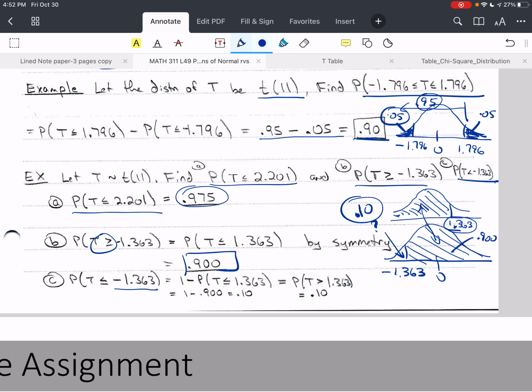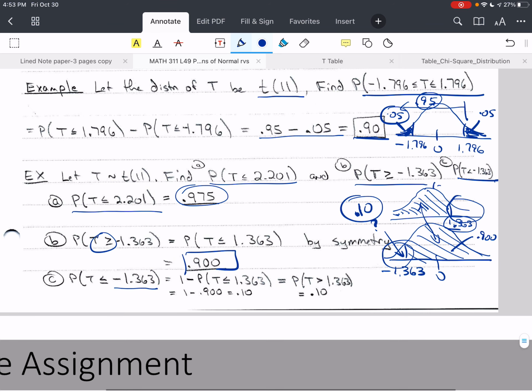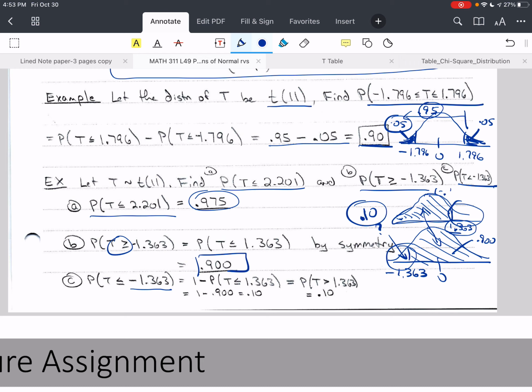I want less than this, so I want this area over here. That's going to be the same as this area here, which is 1 minus the area to the left of 1.363. So it's going to be 1 minus 0.9, which again is 0.10. And so there's two different ways to find that same answer.